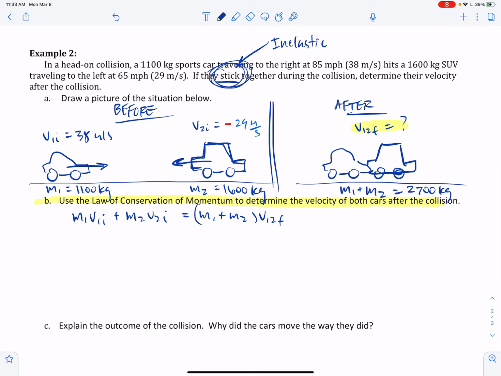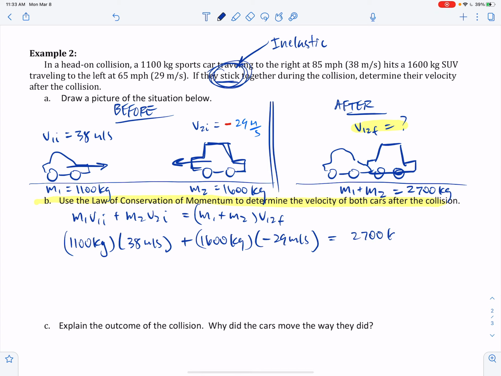So here we go. We've got an 1,100 kilogram sports car moving at 38 meters per second, and we have a 1,600 kilogram SUV moving at 29 meters per second to the left. So I'm using the negative, and I'm going to set that equal to their combined mass afterwards, which is 2,700 kilograms, times their unknown velocity.